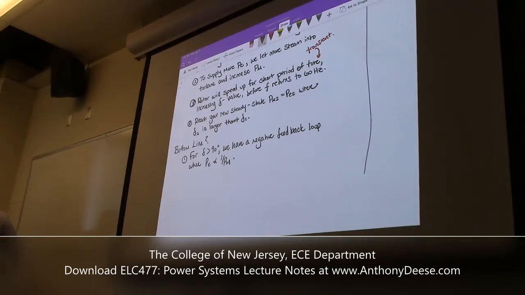So we increase the mechanical power supplied to the machine, more steam, more energy coming in, and the electrical power starts going down. So you can see how that would play havoc with our control system.